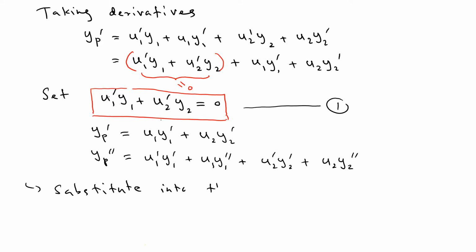Our equation is y double prime plus p(x) y prime plus q(x) y equals f(x). Since we know that yp is a solution, we can substitute.